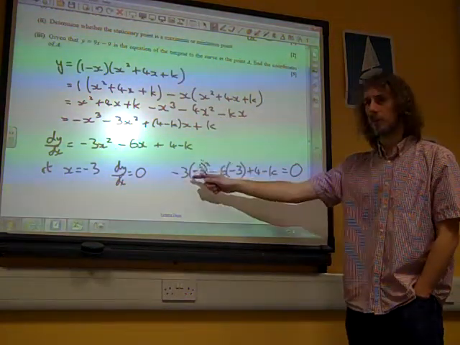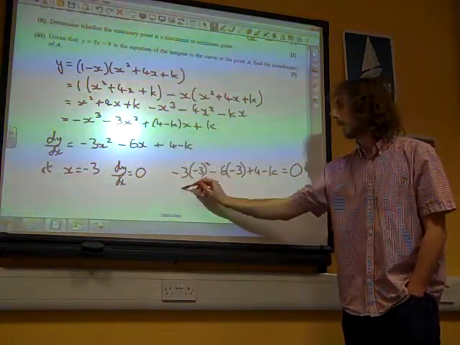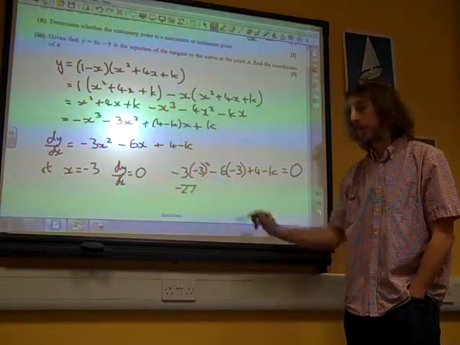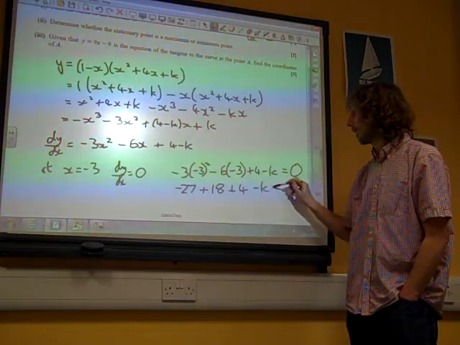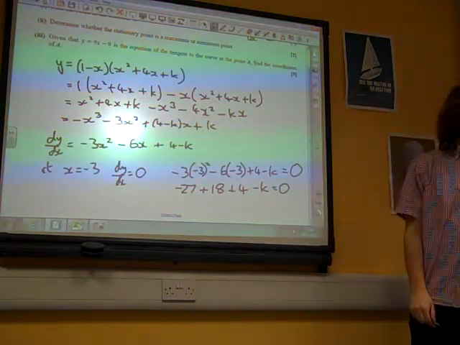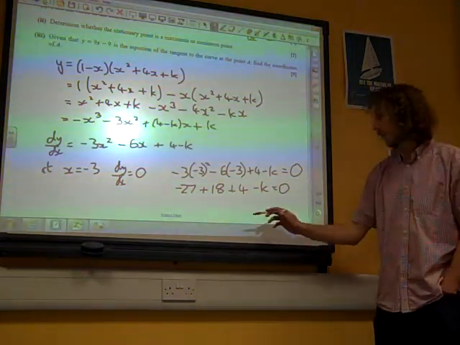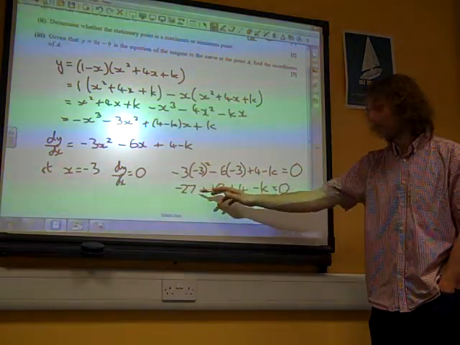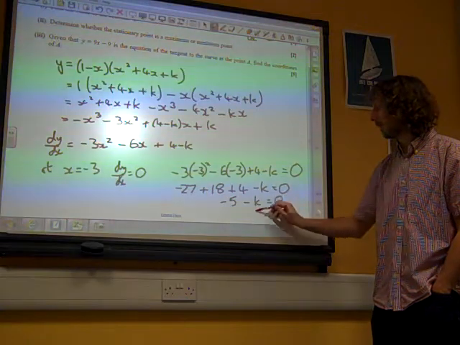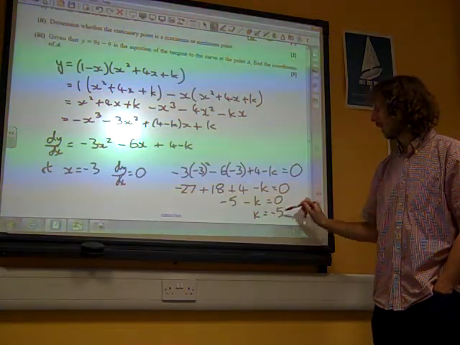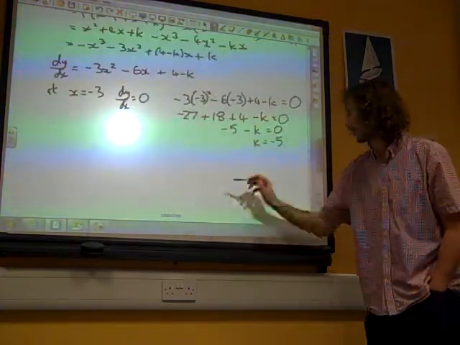This is minus 3 times plus 9, so minus 27. But then this would be a plus 18, plus 4 minus k is 0. Which gives us, what's that, minus 27 plus 22, so minus 5, minus k is 0, k must be negative 5.